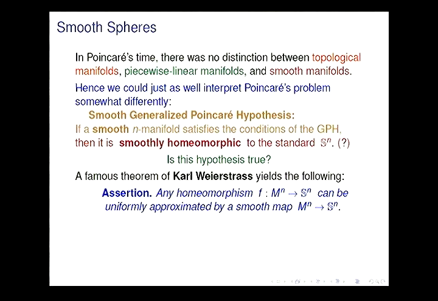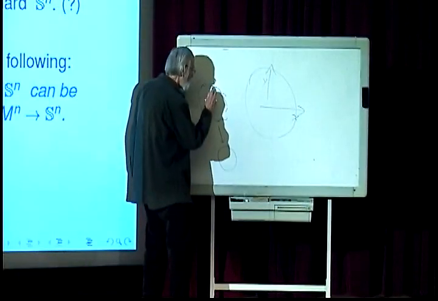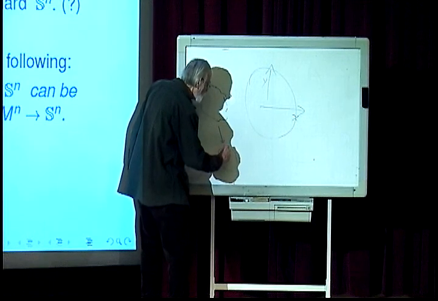But the problem with this is that the approximation isn't necessarily one-to-one. So, for example, if you have some sort of wiggly figure, and you have a homeomorphism to the circle, when you approximate it, you find that you have little wiggles. So as you go back and forth, it may go back and forth here.